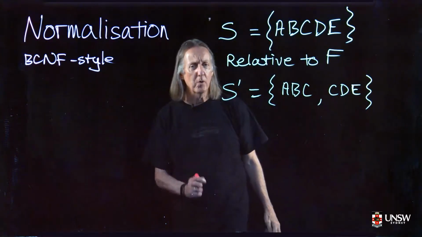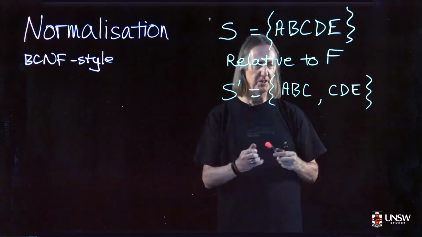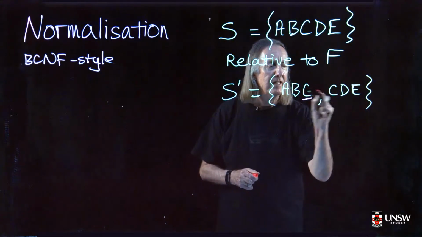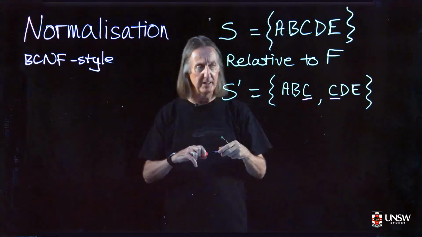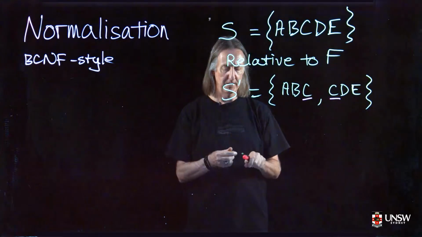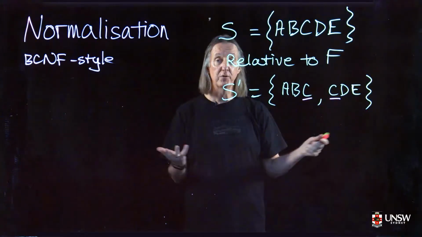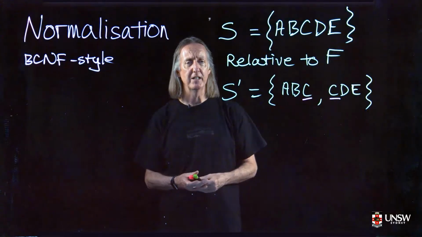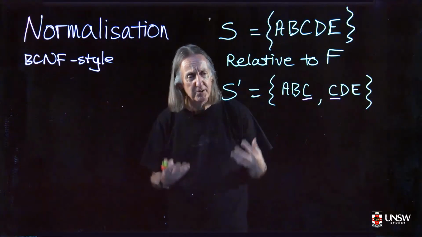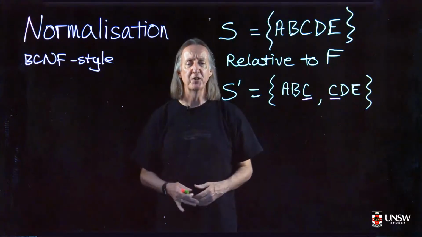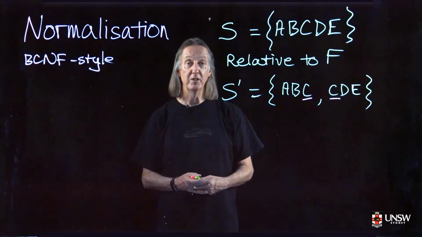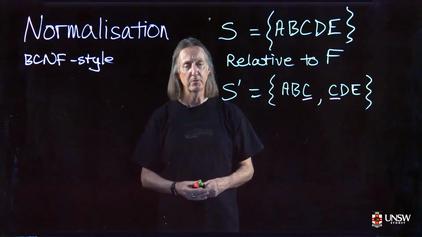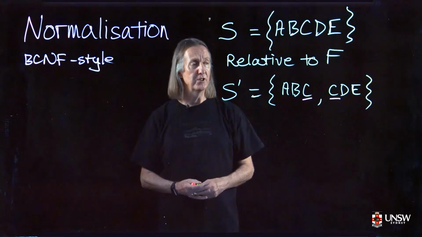Now, one thing that's always going to be the case in these scenarios is that we have to have some kind of linkage between the tables that we generate. Otherwise, we can't reconstruct the original data set. And of course, it's supposed to be the same database, just represented without any redundancy. So we must be able to reconstruct the original schema.